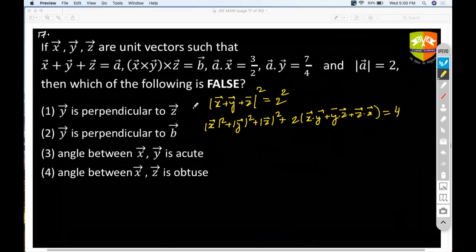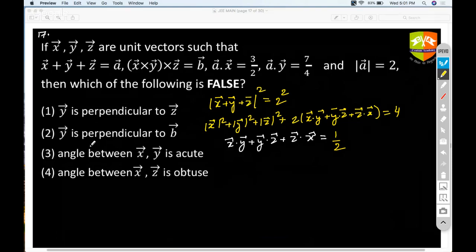Since x, y, z are unit vectors, each of them is going to be 1, so I can conclude that x dot y plus y dot z plus z dot x is going to be 3 by 2. Sorry, 1 by 2, not 3 by 2. I'm sorry. So it's going to be 1 by 2. Is that fine?